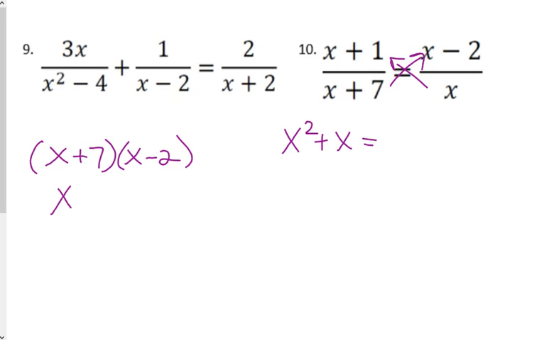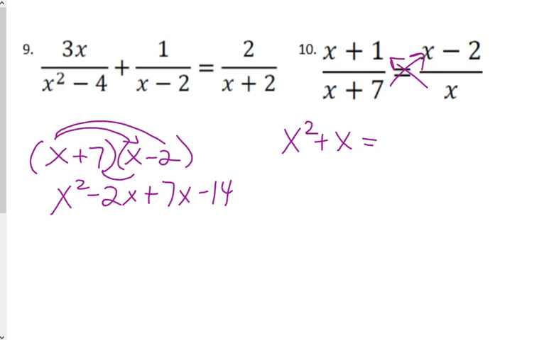That gives me x squared, because I did that. X minus 2 minus 2x plus 7x minus 14. Combine like terms. X squared plus 5x minus 14.